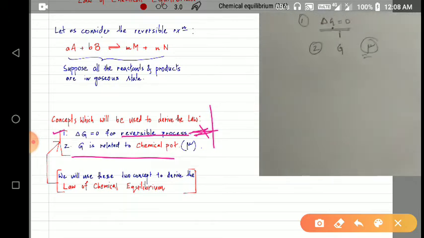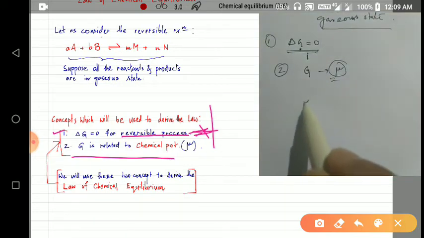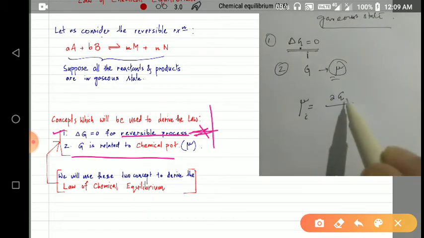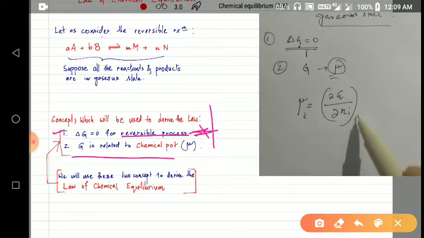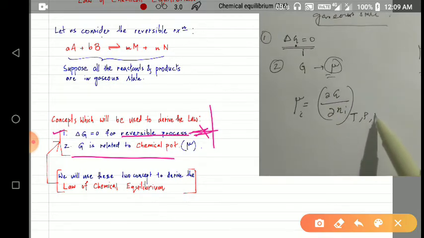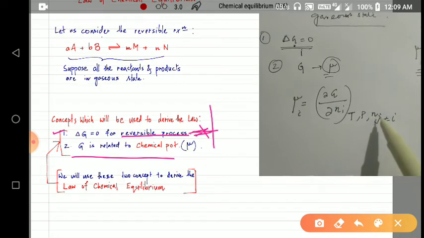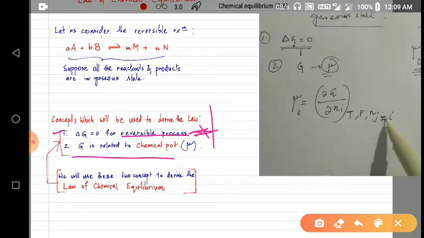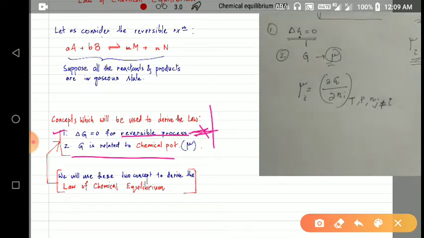So we have the second idea that G is related to chemical potential, and chemical potential for i we already know is del G by d ni. Here temperature and pressure are constant, and nj, where j does not equal i, means the other components should be constant, the other components which are not i. Okay, so this is your relation.